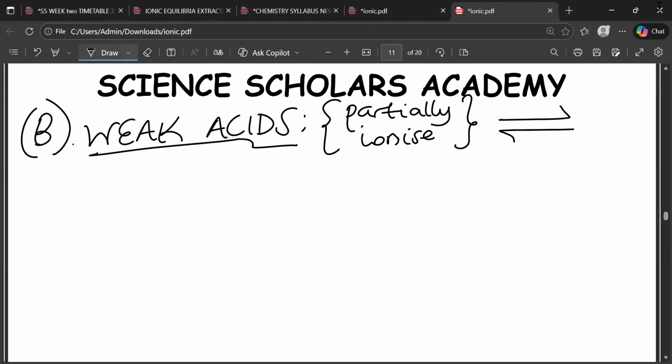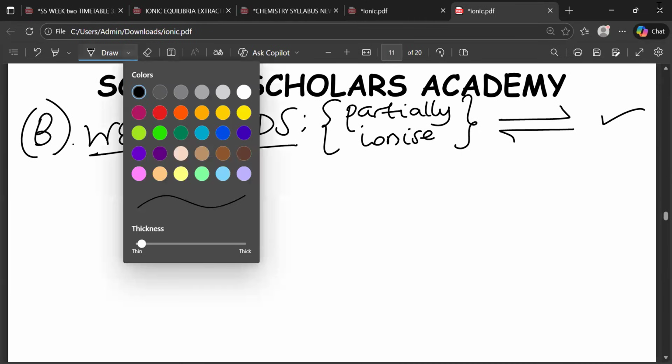Partial arrows. So say bye-bye to full arrows until further notice. I gave you examples of weak acids. I'm going to first do for you the inorganic ones. You do carbonic. Let me just do maybe nitrous.